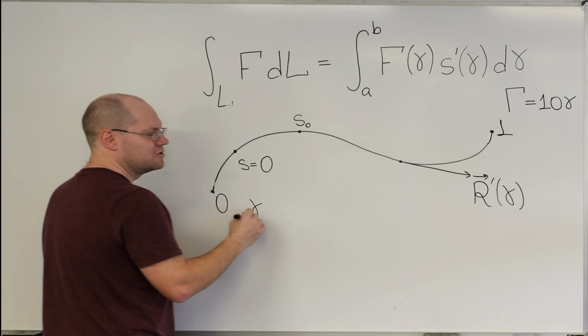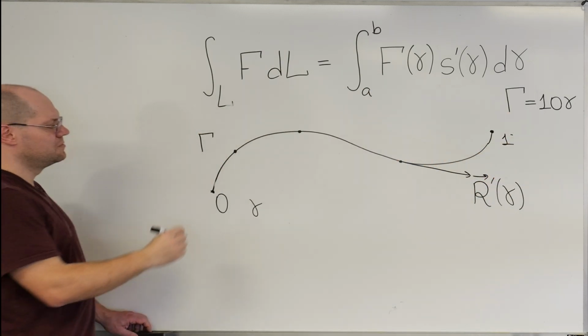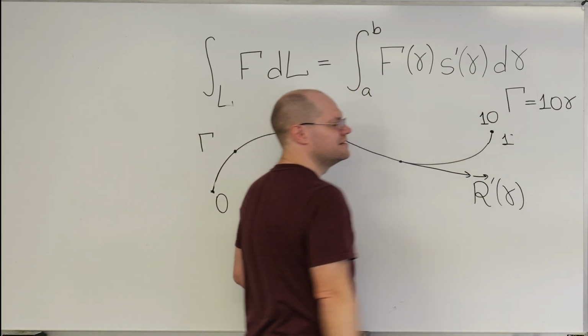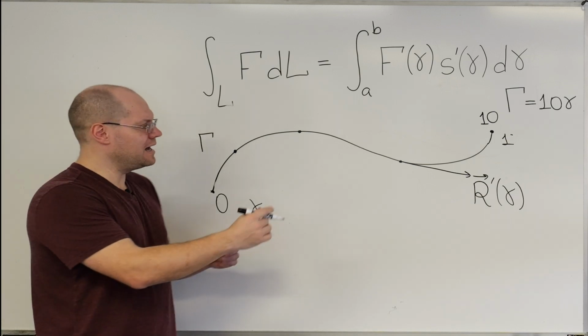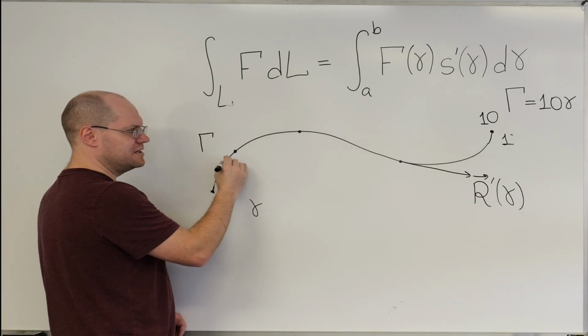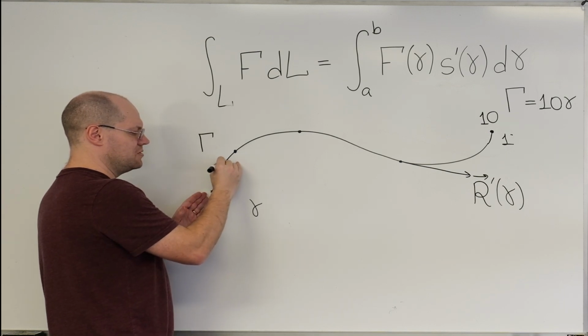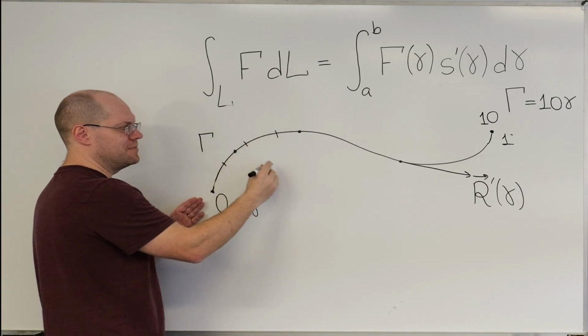So gamma went from 0 to 1, but capital gamma goes from 0 to 10, right? So here it feels like we've stretched it. Maybe when we realize that the units now go like this, 1 is now here, and this is capital gamma equals 2, and capital gamma equals 3.